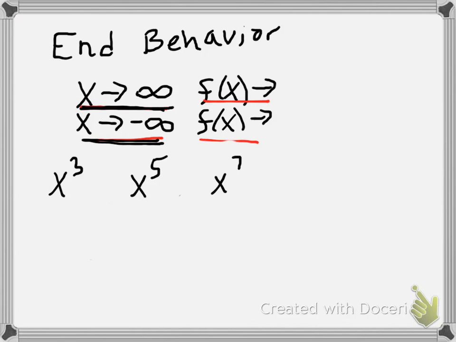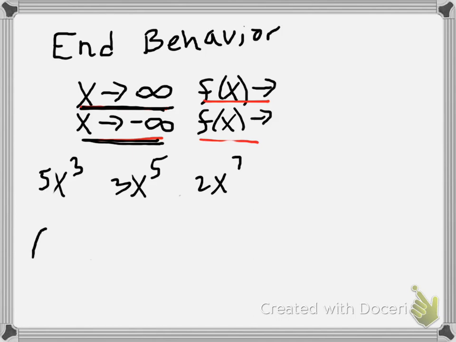Most of them, if the front number basically in front of it is something positive, it kind of looks like a 0, sorry. So like if I had something where this was a 5x to the third and then something else, or like a 3x to the third, or a 2x to the seventh. If it's an odd exponent and the front number is a positive number, they're going to start facing down.